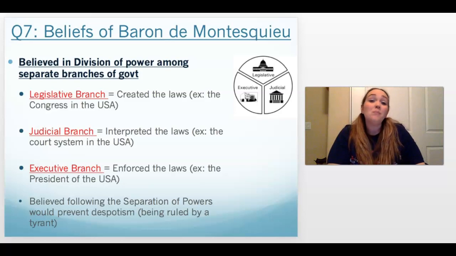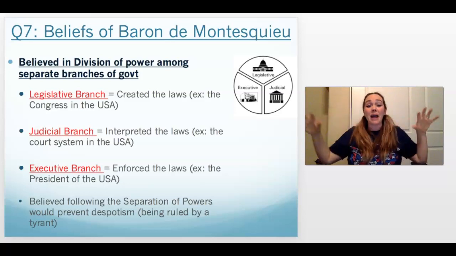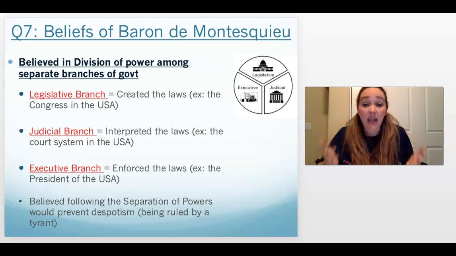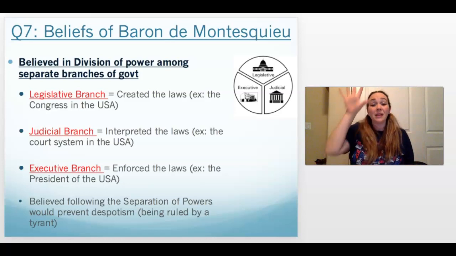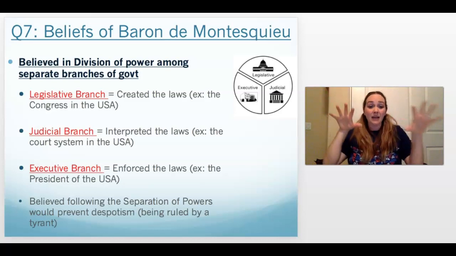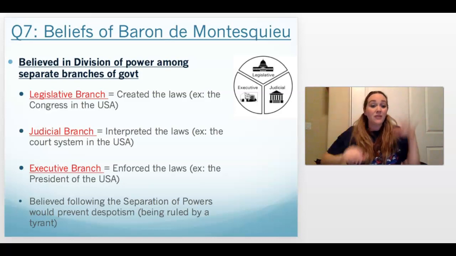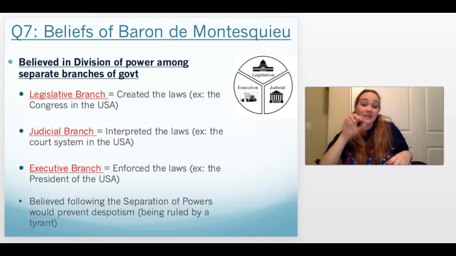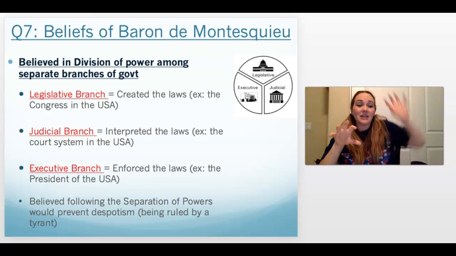Okay, so Montesquieu's the guy that comes up with that idea, separating out powers into different sections, and that way you can have checks and balances, because the legislative branch can keep an eye on the judicial and executive branch, the judicial branch can keep an eye on the legislative and executive branch, and the executive branch can keep an eye on the legislative and judicial branches.